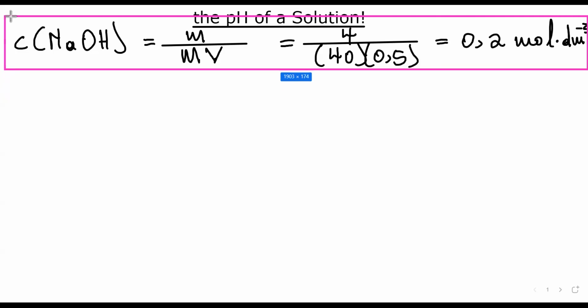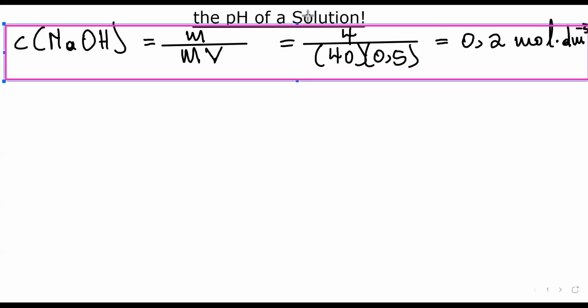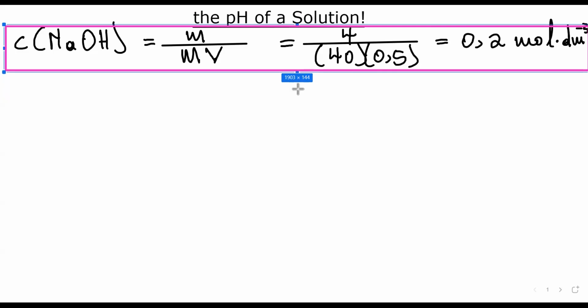So this was question number 1. Well, that's perfectly fine. Now, the next question is asking us to find the pH, but the pH of the sulfuric acid solution.